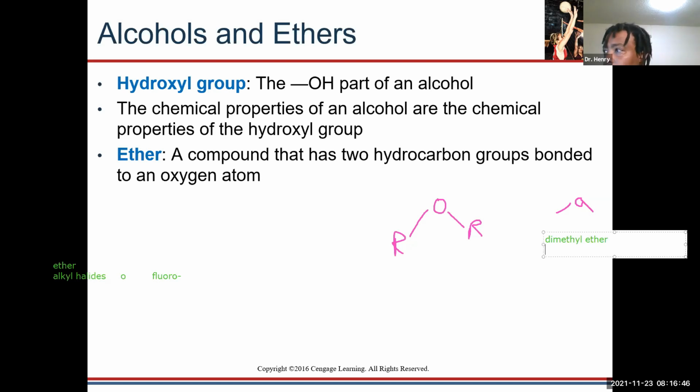The IUPAC way would be calling this methoxymethane, because that's a methyl, and then that's a methane. And so the longest chain gets the ane part of it.